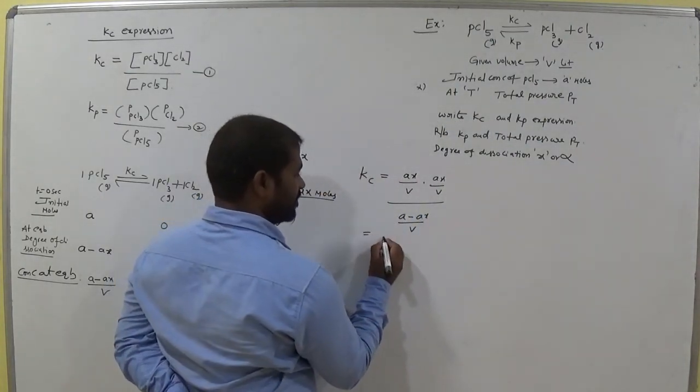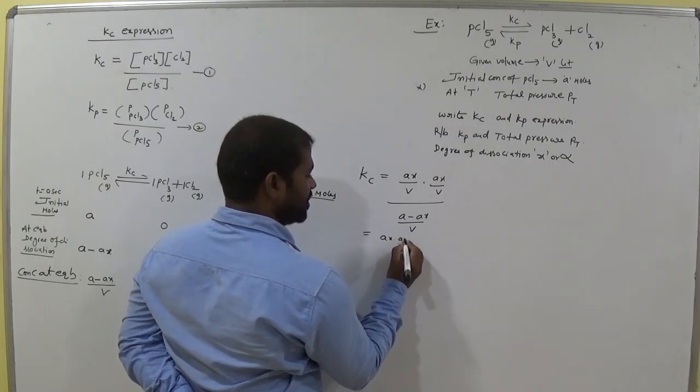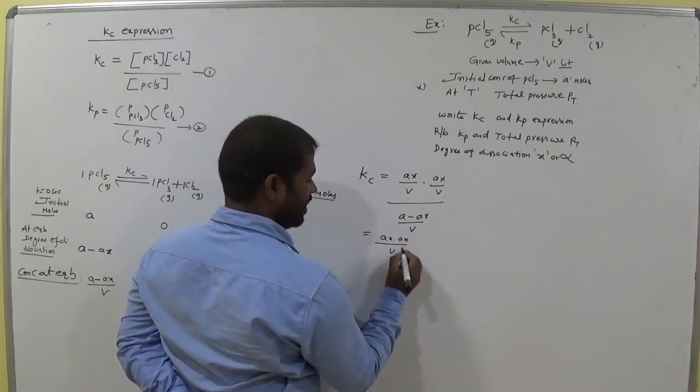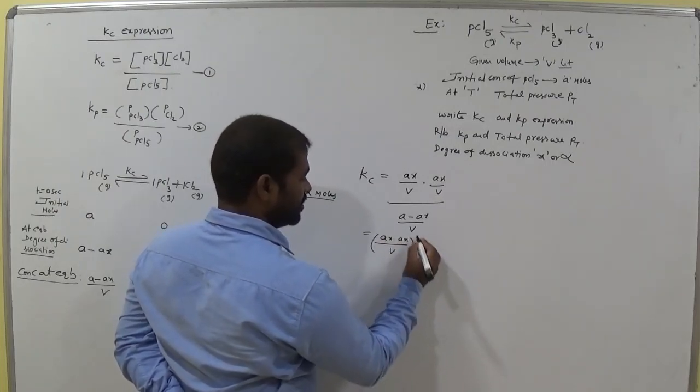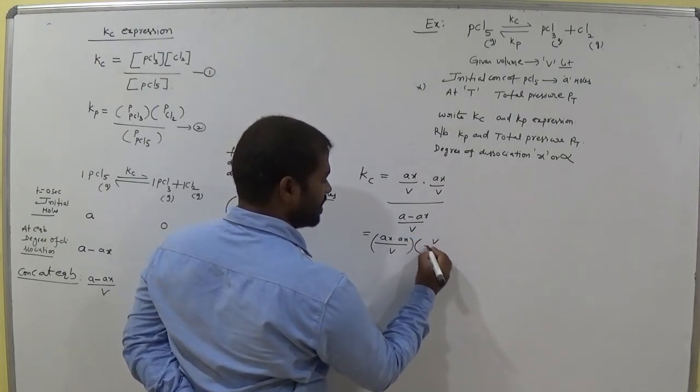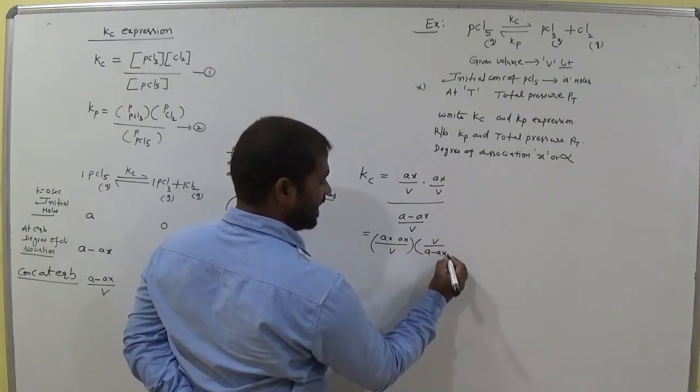So from this, Ax into Ax by V, into the reciprocal, V by A minus Ax. Am I right?